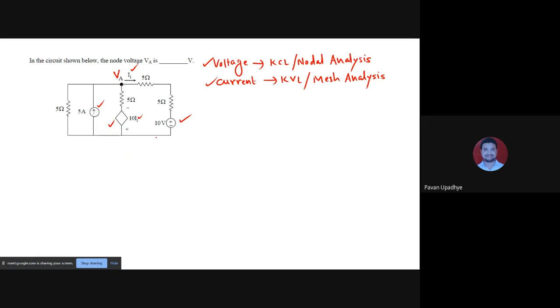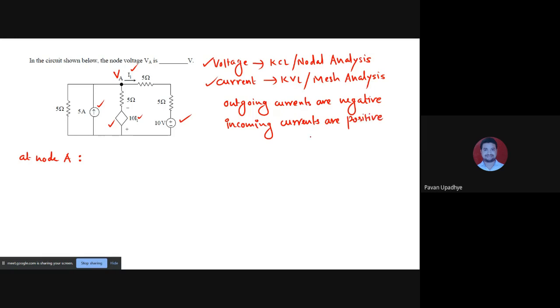So at node A, we will write the KCL equation. While writing KCL equations, we will assume outgoing currents are negative and incoming currents are positive.